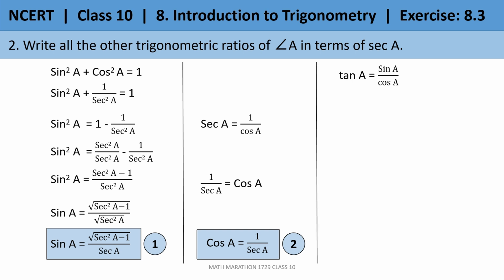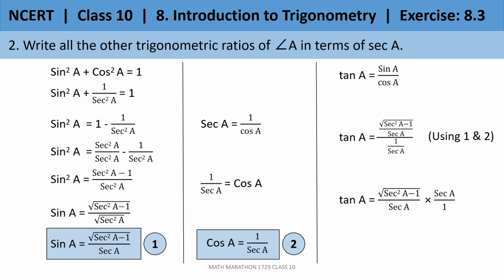Tan A is equal to sin A by cos A. We can use equations 1 and 2. Tan A is equal to square root of secant square A minus 1 by secant A divided by 1 by secant A. Tan A is equal to square root of secant square A minus 1 by secant A multiplied by secant A by 1.